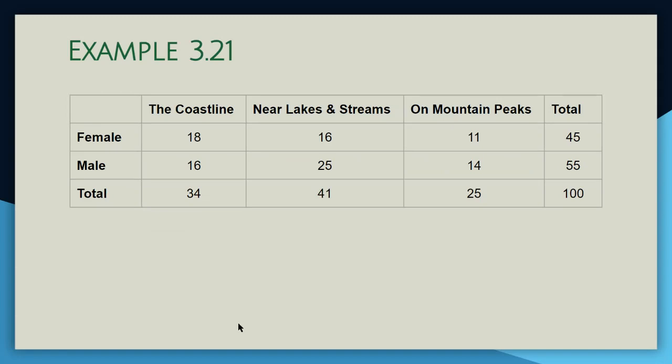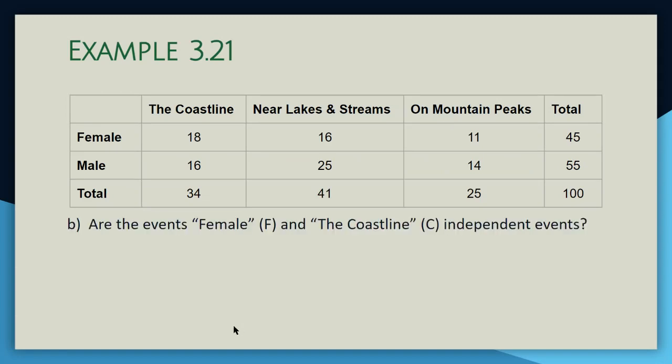Okay, so now that we've got our completed table, Part B asks, are the events female and coastline independent? Independent events have three conditions, and we can check any one of them. Is the conditional probability equal to the probability of the event happening alone?